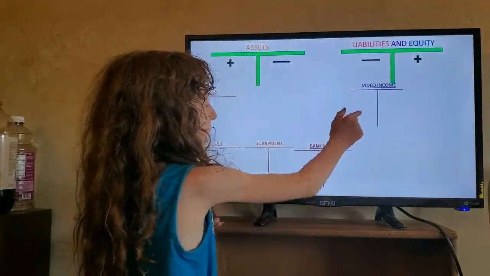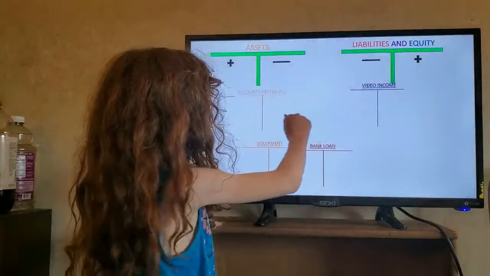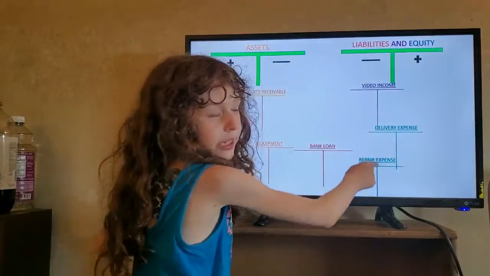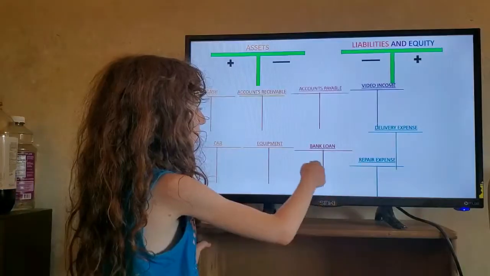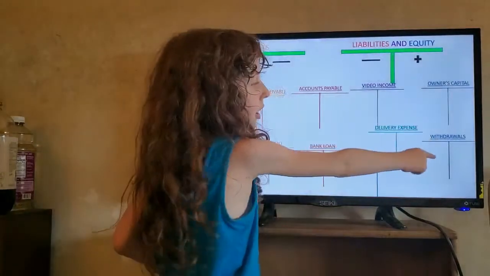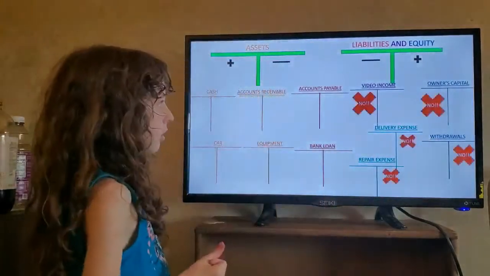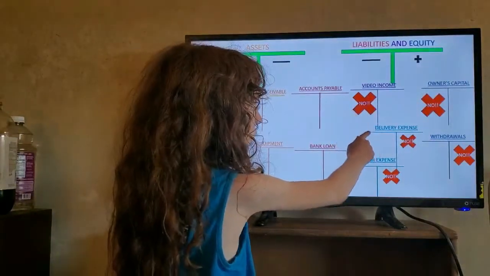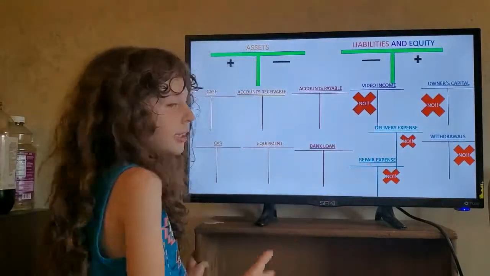We are going to be adding video income, accounts receivable, delivery expense, repair expense, accounts payable, owner's capital, and withdrawals. If it says no, then you cannot record a transaction on that side.